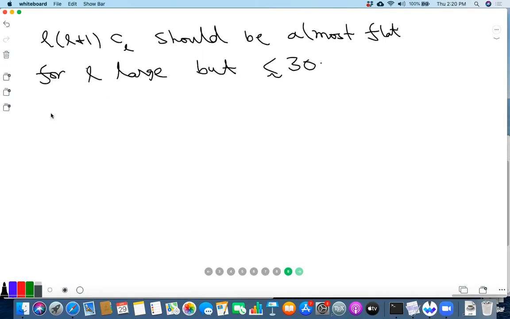I should just add as an aside that L equal to 1, which is a dipole, is not observable, unfortunately.